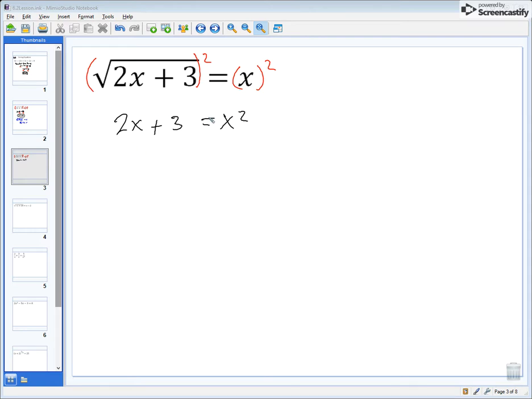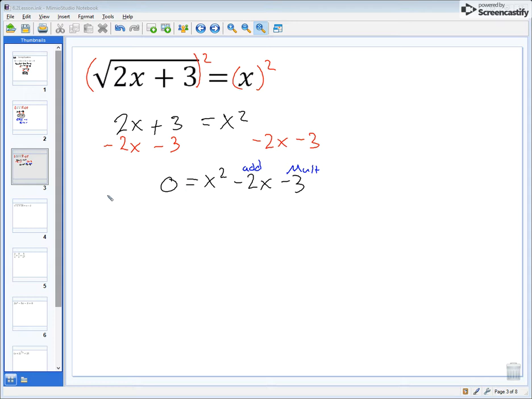Notice since we have an x squared, we're going to have to factor. So to do that, I'm going to move all of the items over to be with the x squared. So that's going to give me 0 is equal to x squared minus 2x minus 3. Which means now we need to factor. So we need two numbers that multiply to negative 3 and add to negative 2.